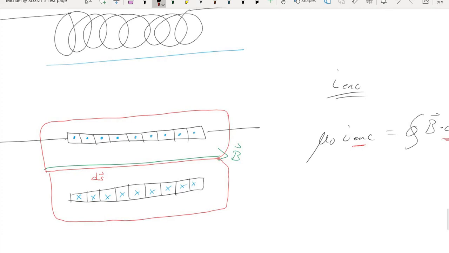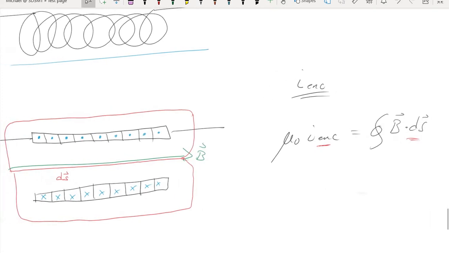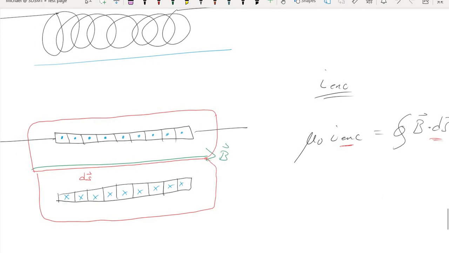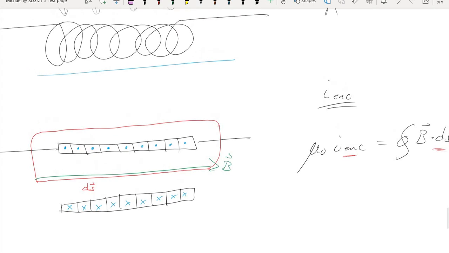In either case, I'll be enclosing the same number of turns. I haven't counted, but let's see, 1, 2, 3, 4, 5, 6, 7, 8, 9. 1, 2, 3, 4, 5, 6, 7, 8. Okay, so at least I got the same number of turns on the top and the bottom of the coil. But the point that I'm trying to make here is that I can't enclose both the top and the bottom crosscuts.